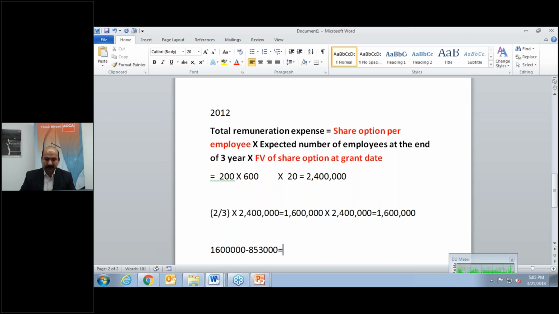This will be the amount which will be recognized in year 2, and that is 747. This is the amount which will be recognized as a remuneration expense in 2012. Do we have any question about 2012?